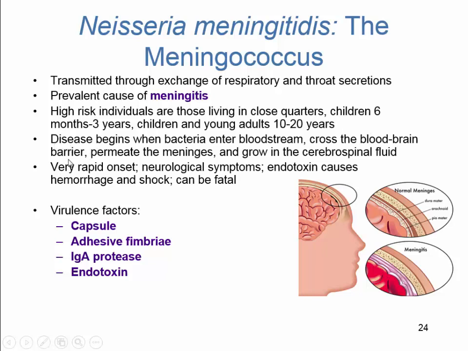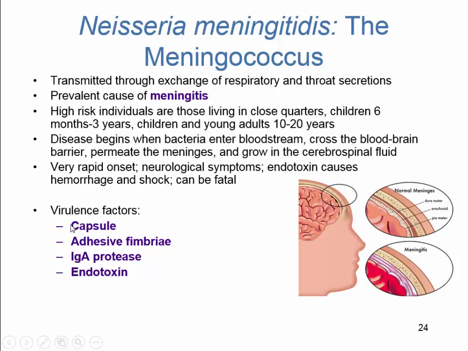The disease in this case often happens very rapidly, resulting in neurological symptoms. This particular bacteria possesses the endotoxin lipopolysaccharide, being a gram-negative bacteria, which can cause hemorrhage and shock.